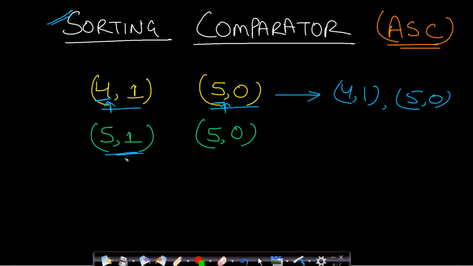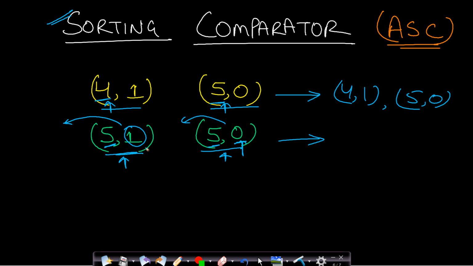Now if both persons have the same height, then their second value differs. Let's say one has value 1, which indicates that there will be at least one person to the left-hand side with height greater than or equal to 5, and the other indicates that it should be 0.